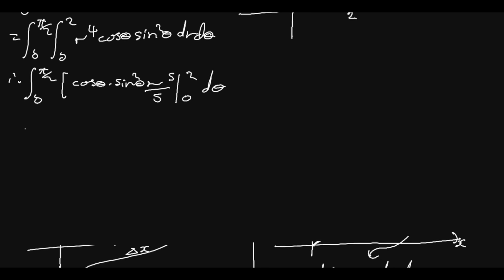Okay. Sorry. This is equal to 0 to pi over 2. So therefore we have 2 raised to 5 there. 2 raised to 5 is 32, so I may write 32 over 5, cos theta sine squared theta d theta here.